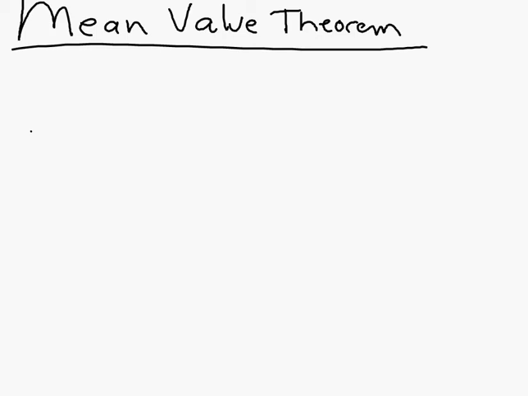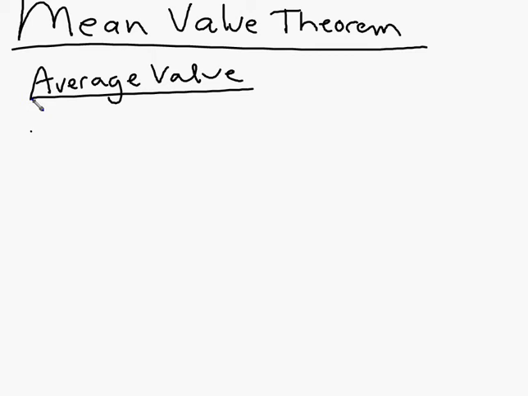The other day we talked about the average value of a function. We said that the average value of a function is 1 over b minus a times the integral from a to b of the function.